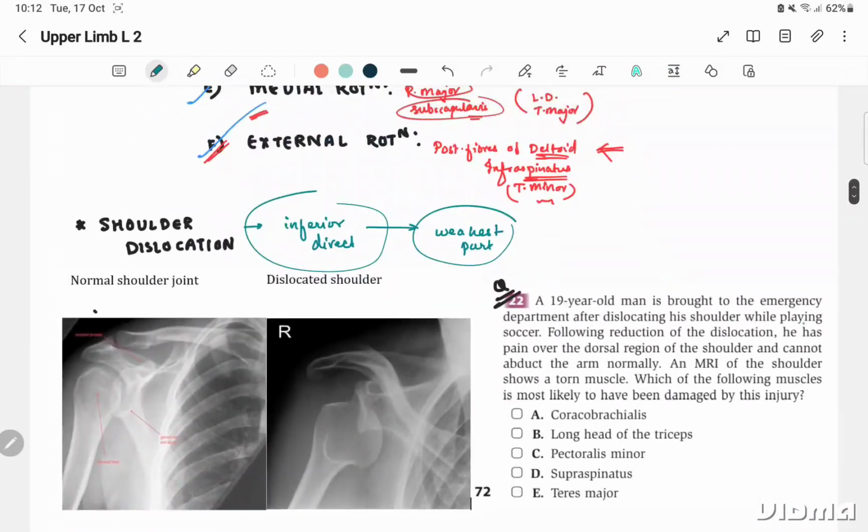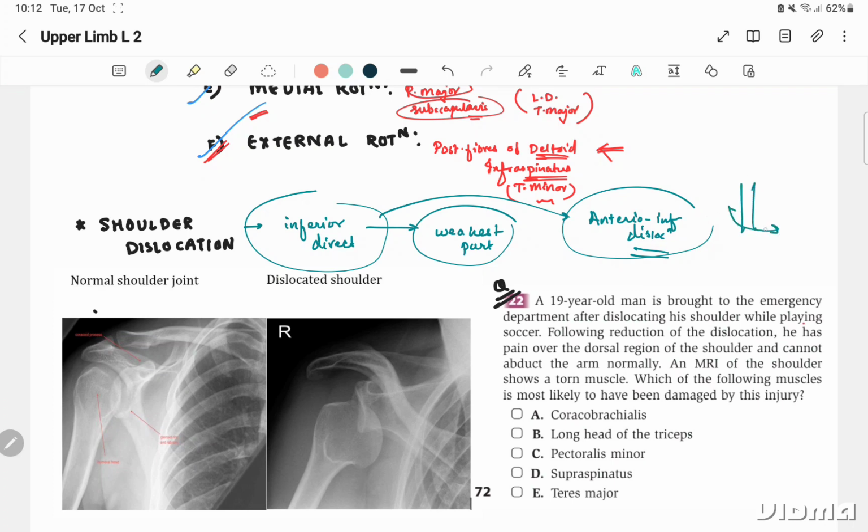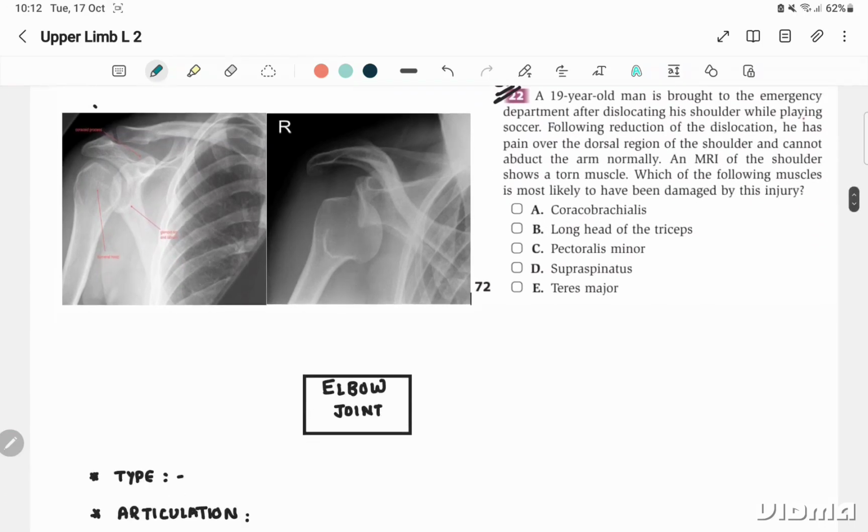Surgically we call this anterior-inferior dislocation, because we have strong adductors and flexors of the shoulder. So if it gets dislocated, then the hand will come to the side of the body, close to the body, or you can say in front of the body.